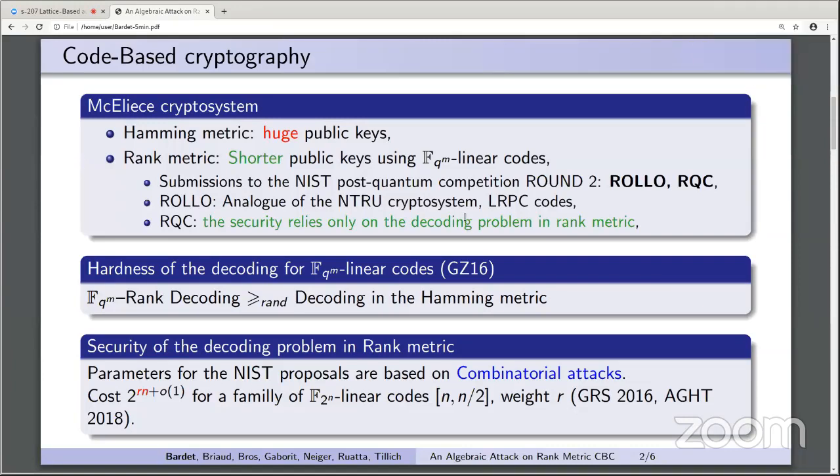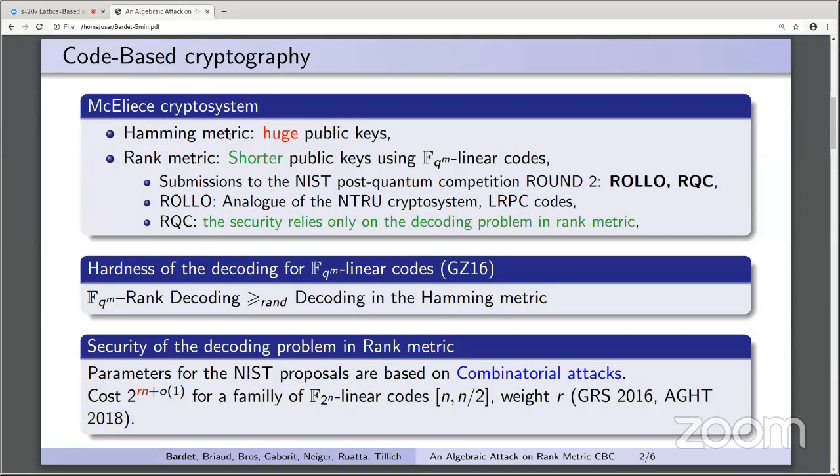We are analyzing the McEliece cryptosystem, which is as old as the RSA cryptosystem. The first systems were using the Hamming metric, but the problem is that it generates huge public keys.